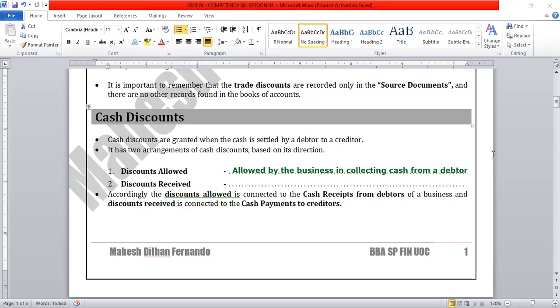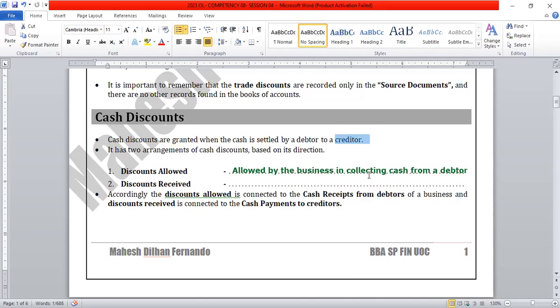Okay, son, I'll say something small. Try to understand this bit. I told you that the cash discount is a discount given by a creditor to a debtor. So in the case of discounts allowed, the creditor is the business.